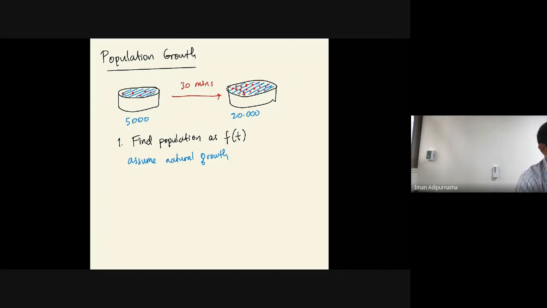So we just assume natural growth, where P is our population, dP/dt is kP. So I will write the function as P(t), and our P is A e^(kt).